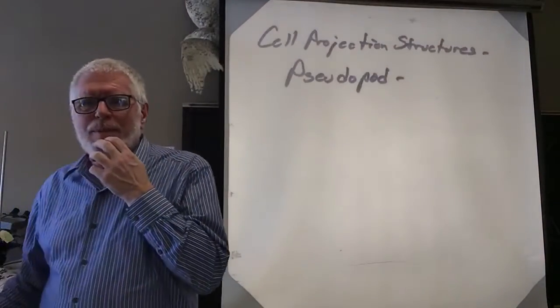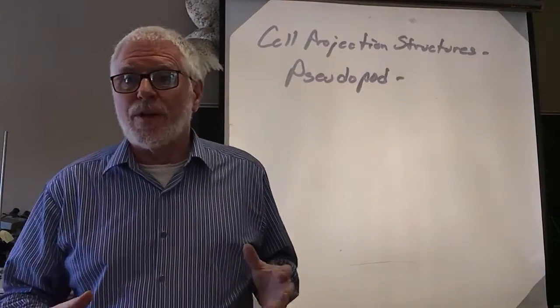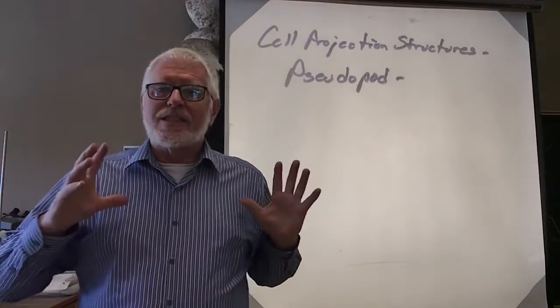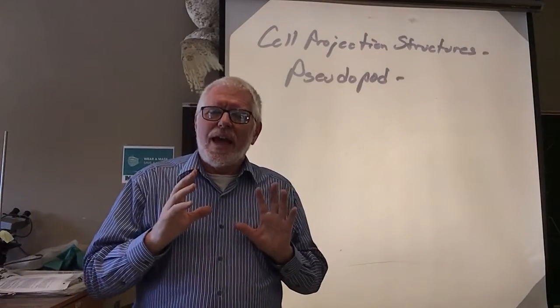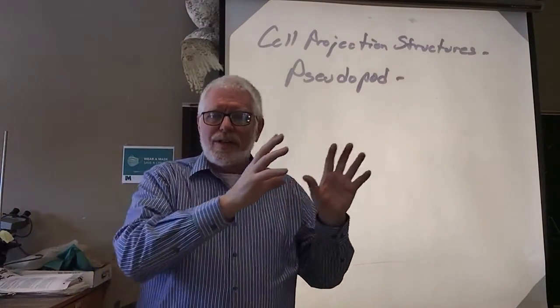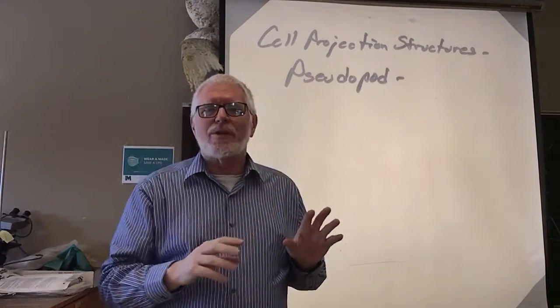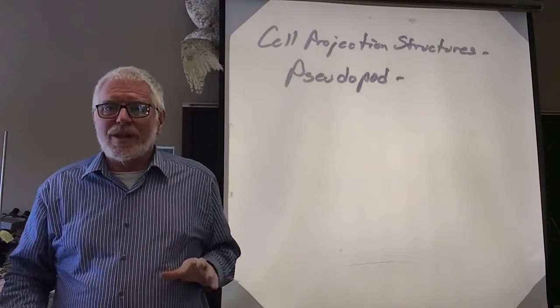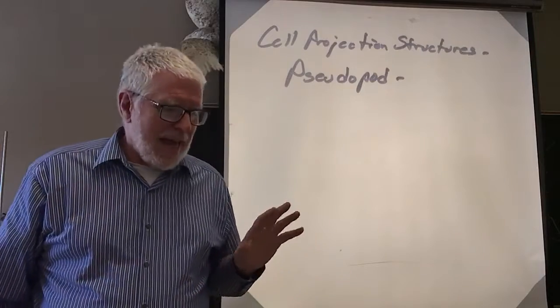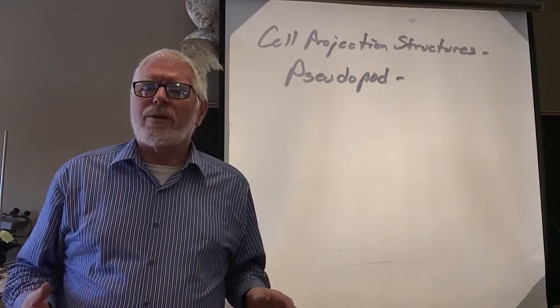Pseudopods are very much driven by actin filaments, microfilaments of actin. They squeeze the membrane and are involved in driving the flow that goes in that particular direction. They also do something kind of neat in that these things are light and they're in water.